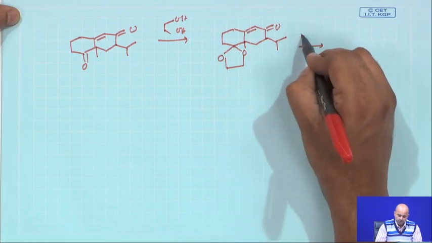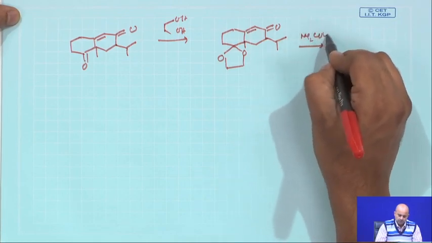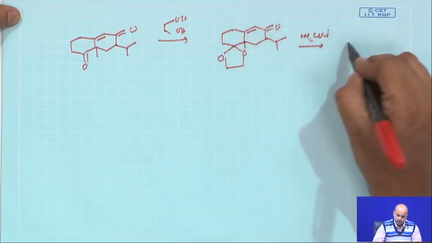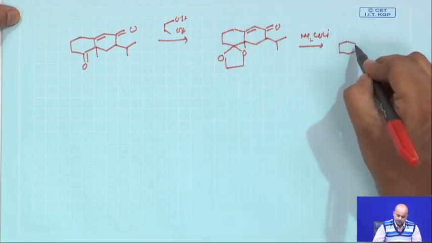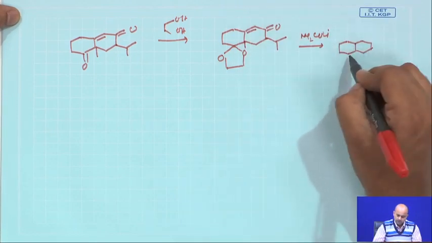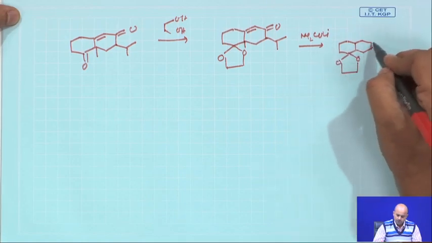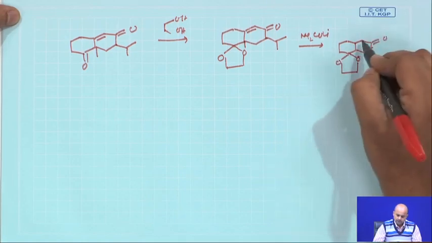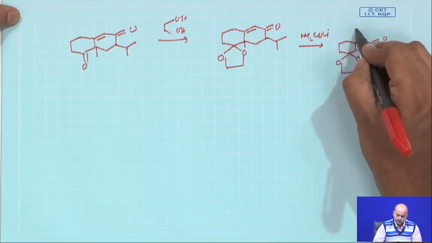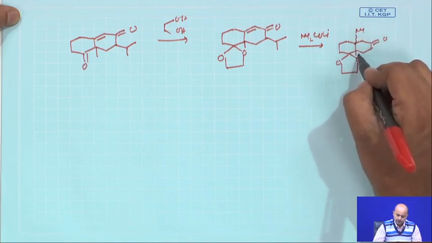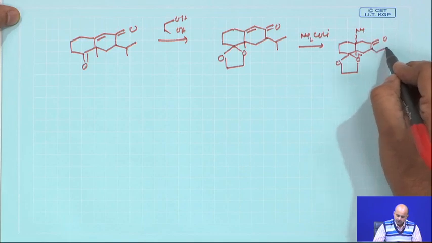Now, you do a methyl copper lithium, the Gilman, to introduce this methyl. So, we are also talking about the forward pathway, which will help you see the entire synthetic pathway. Methyl, methyl, your isopropyl is here.